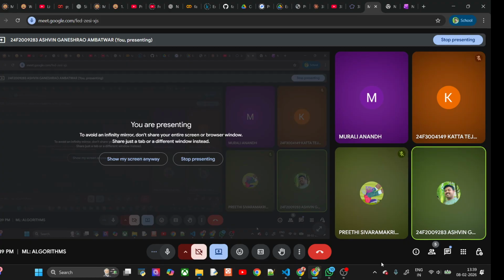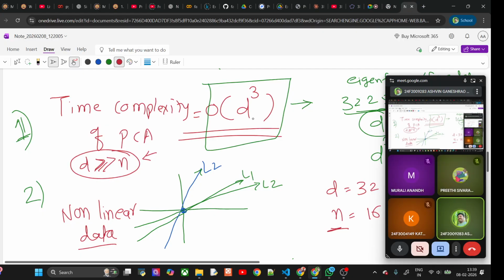Okay, so this next point is the one we are now dealing with, as I mentioned. We have the time complexity of d cube. Remember this d cube, it is very important.